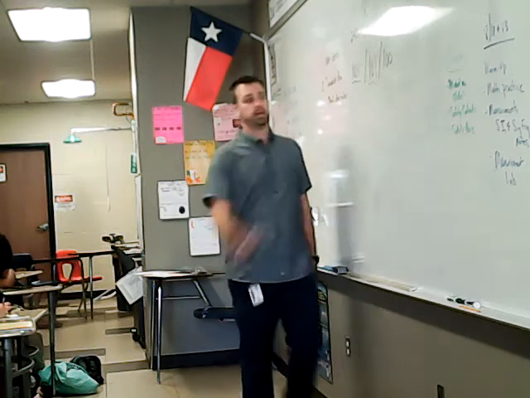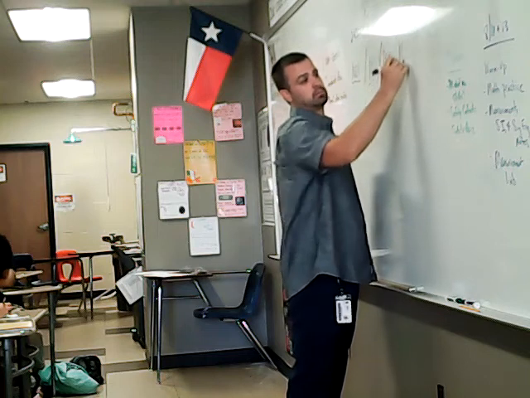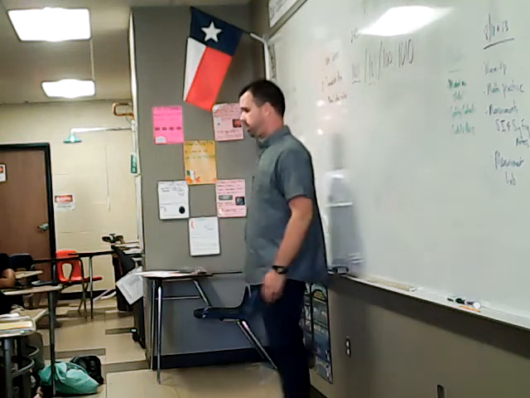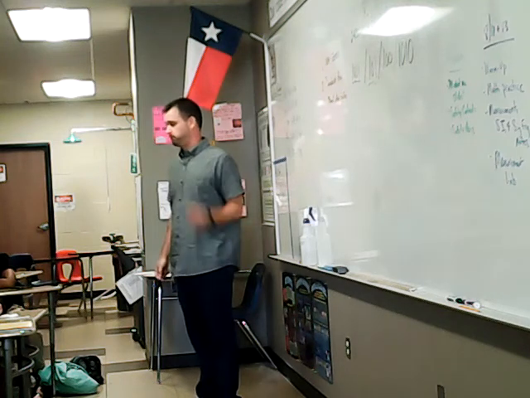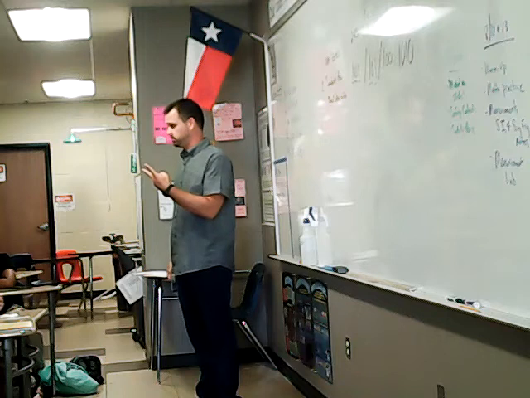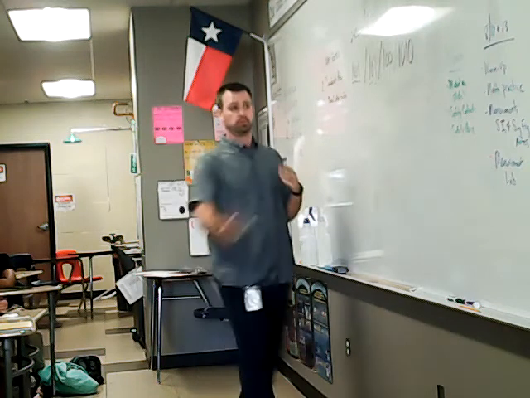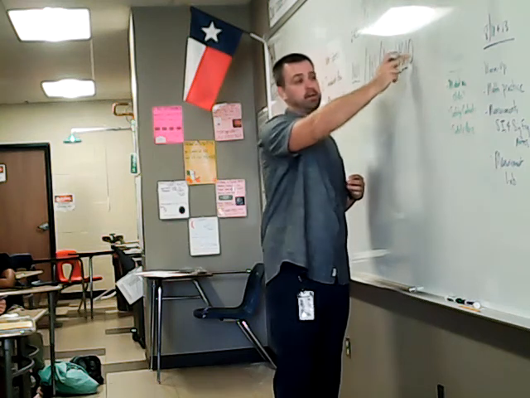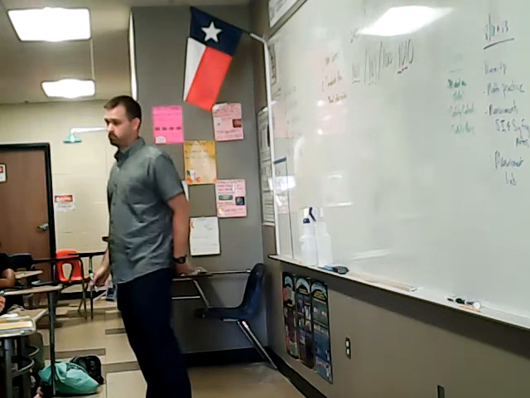So let's say we have 1010. How many sig figs? 3. 2 non-zeros, right? Is there a sandwich in there? Yes. There's 3. Is this last 0 sandwiched? It is not. So 3.